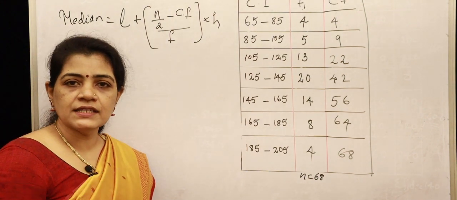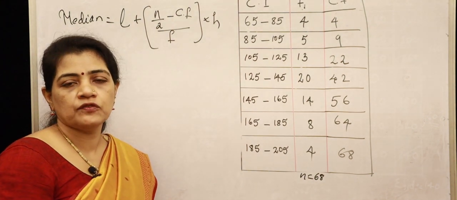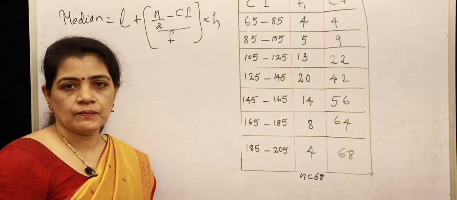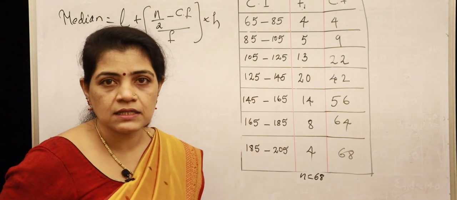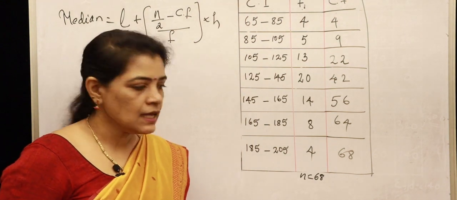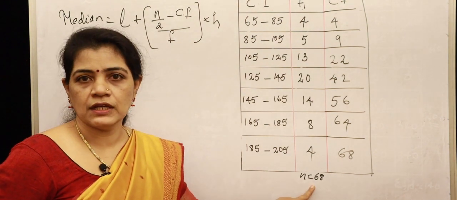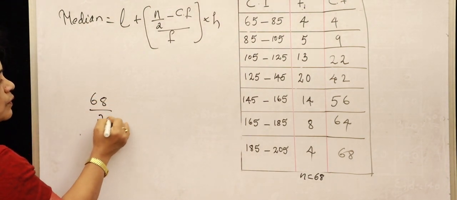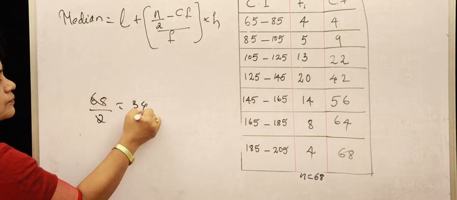After getting the cumulative frequency, our next step is to locate the median class. You can easily locate it. Take half of n, that is 68 divided by 2, that is 34.